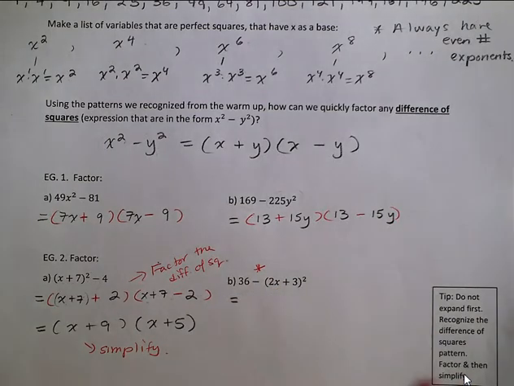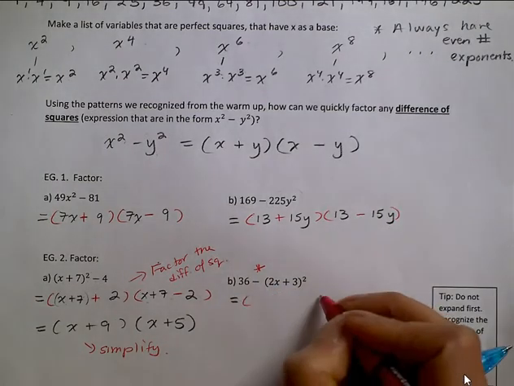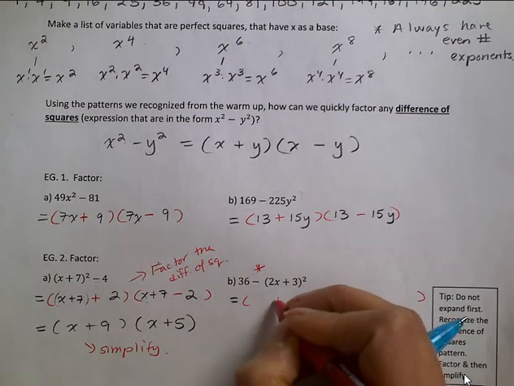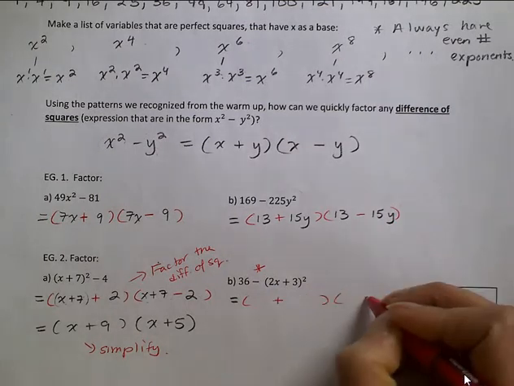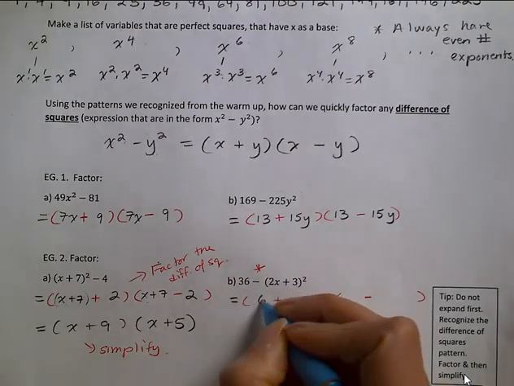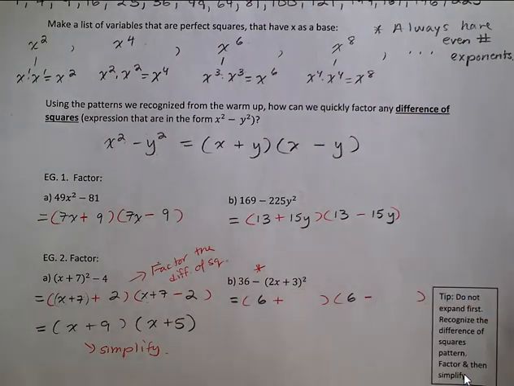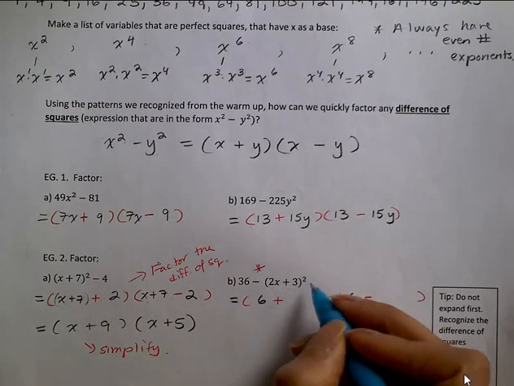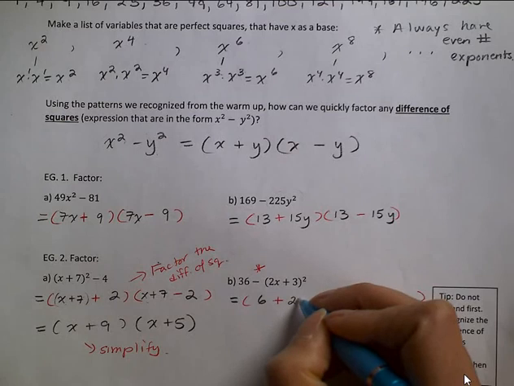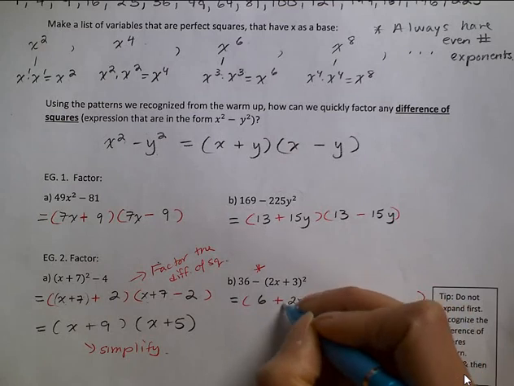Okay, so again, two brackets. I need bigger brackets. I'm going to put a plus sign in one, a minus sign in the middle of the other. I take the square root of the first term and I'm going to put it here in the first position. And the square root of the second term, which is 2x plus 3 squared, is just 2x plus 3. Now, I could put brackets here.